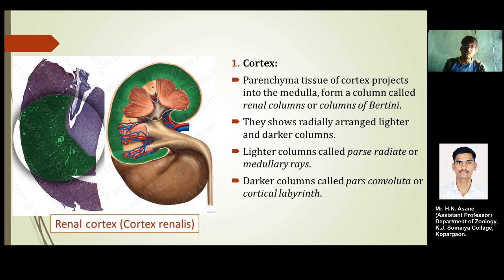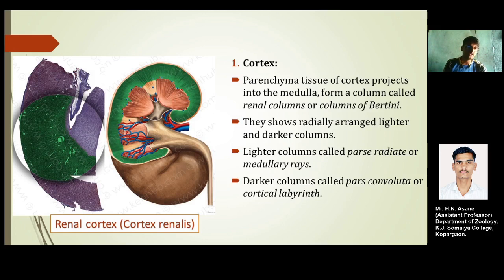The lighter columns are called the pars radiata, also known as the medullary rays, and the darker columns, arranged one by one alternating with the lighter ones, are called the pars convoluta, also known as the cortical labyrinth.